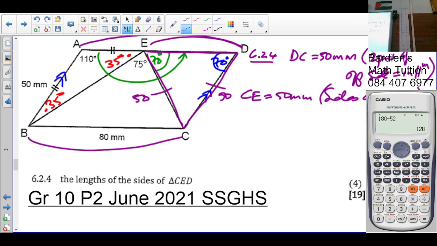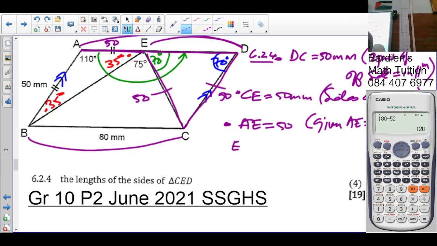But what is AE? 50. So AE is equal to 50. Why is it 50? Because it is given that AE is equal to AB. Can you see that was given there? Yeah. So that is 50.